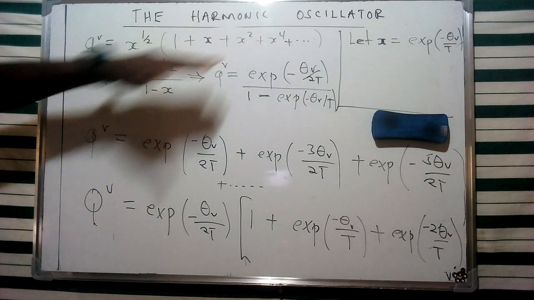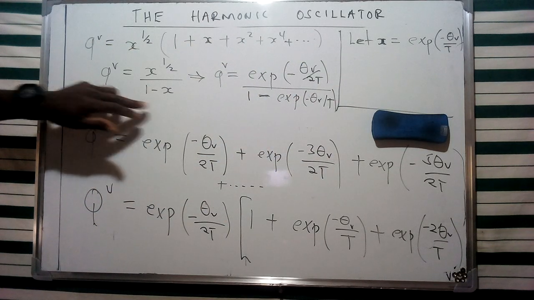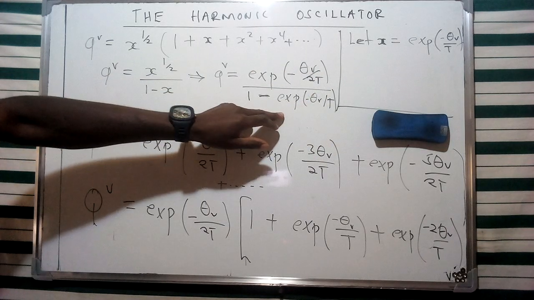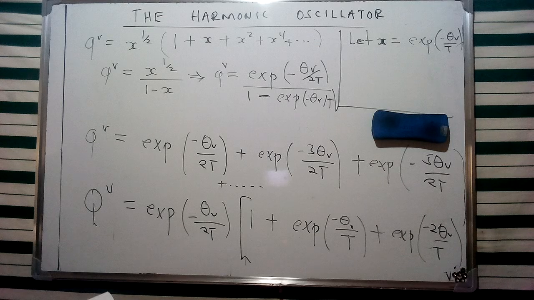Of course, this is going to result in this kind of result of this geometric progression, and we can do a substitution back and obtain this specific kind of representation.